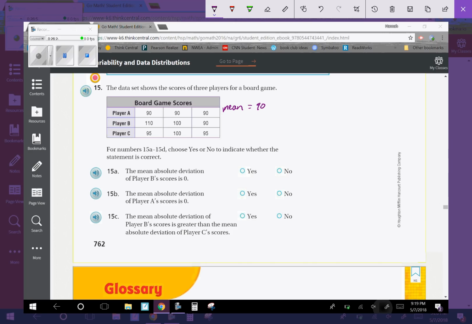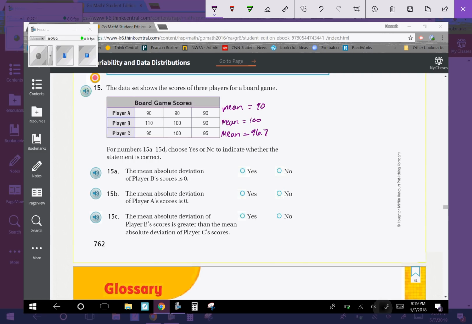For player B, the mean is 100. And C is 96.7. I went ahead and did those calculations because I think you all know how to add up these 3 numbers and divide by 3 now.